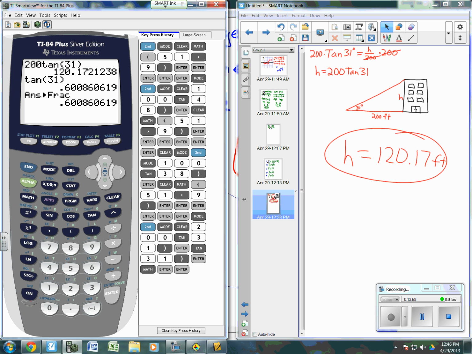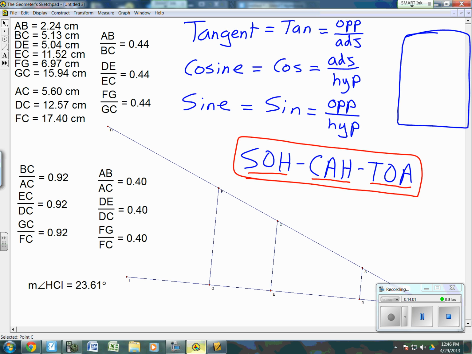Just like on this Geometry Sketchpad. Let me bring it back up. My angle's 23.61 degrees. Okay? The tangent of that is 0.44. And someone took that by measuring this length over here, opposite side, and dividing it by adjacent side, and they got 0.44.